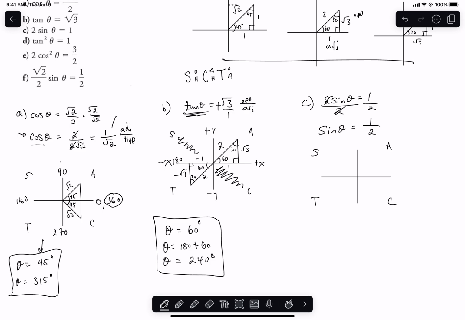Where is sine positive? Well, sine is positive in the all quadrant, right? And sine is positive in the sine quadrant over here. And now you're going to ask yourself, how do I build 1/2, given that sine is opposite over hypotenuse?